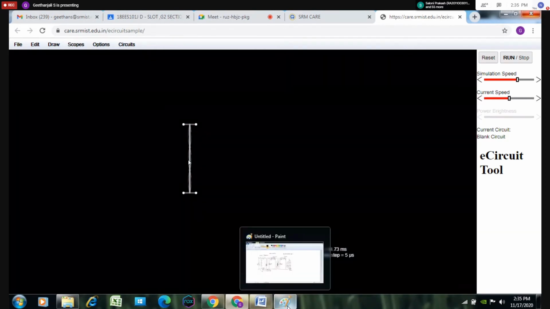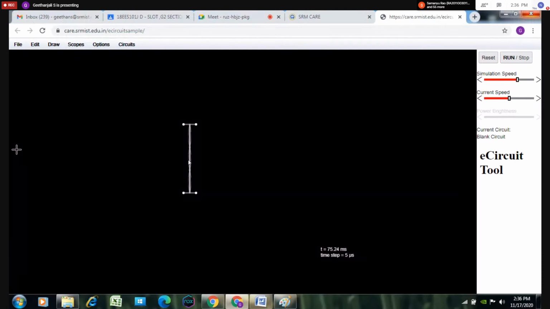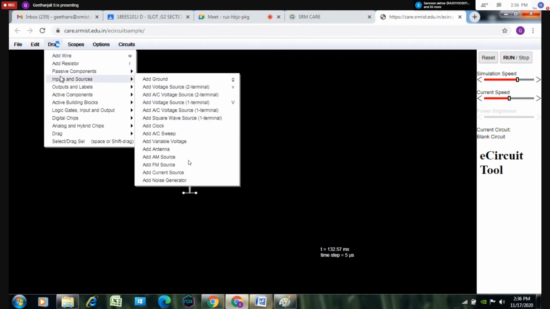Then what component is needed next? Supply. We need the supply here. Go to draw, inputs and sources.